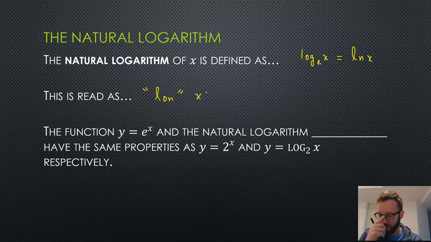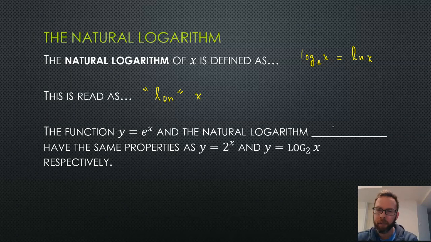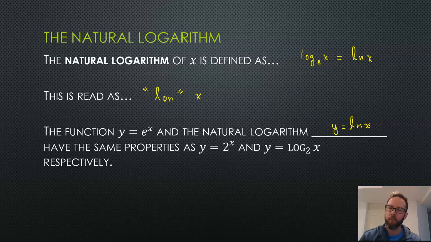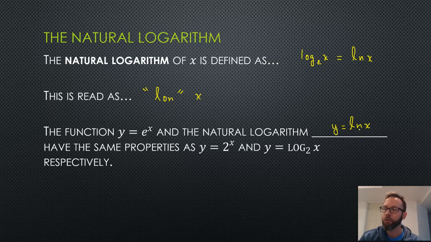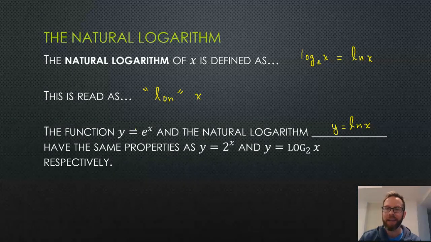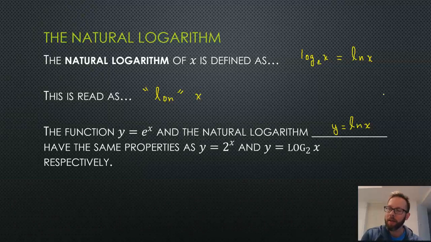So the function y equals e to the power of x, and the natural logarithm, y equals ln x, have all the exact same relationships that 2 to the power of x and log base 2 of x have. So that was kind of the main goal of this setup, to introduce the natural logarithm, ln x. It's just the inverse of e to the power of x, e being that special number around 2.718.